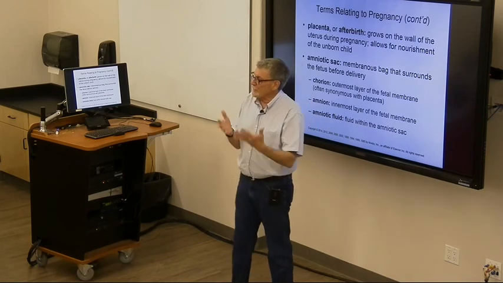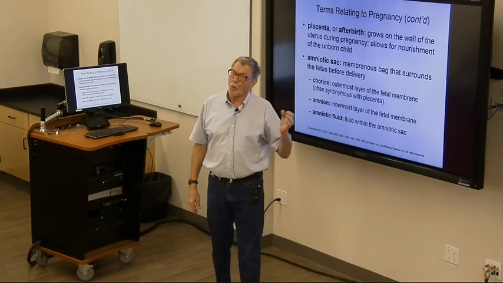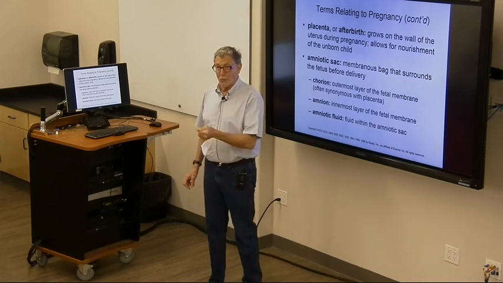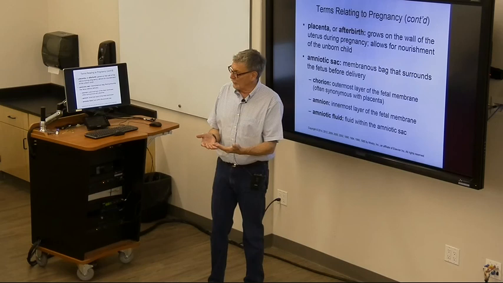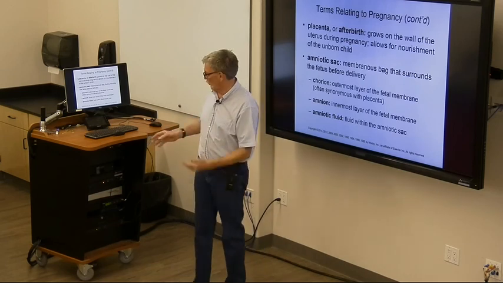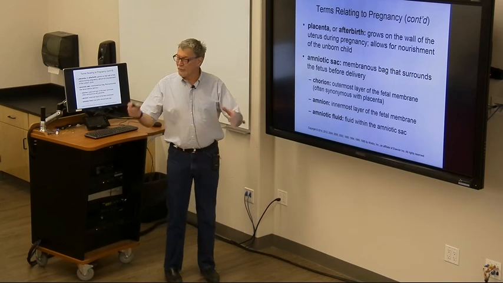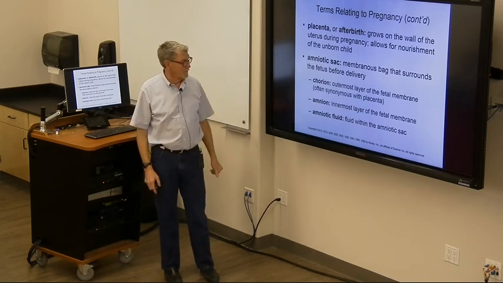You start making these placental or chorionic hormones, and you can test for those and tell whether the woman's pregnant or not, because you wouldn't be making placental hormones unless there was a placenta growing. The amnion is the inner layer, and therefore has the fluid in it.